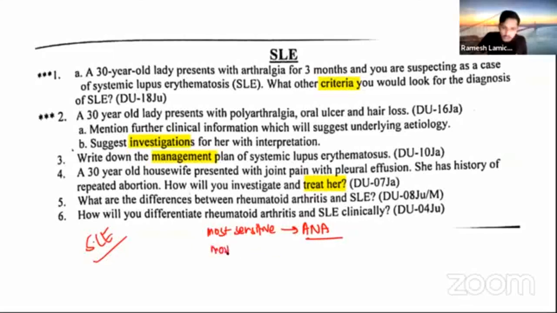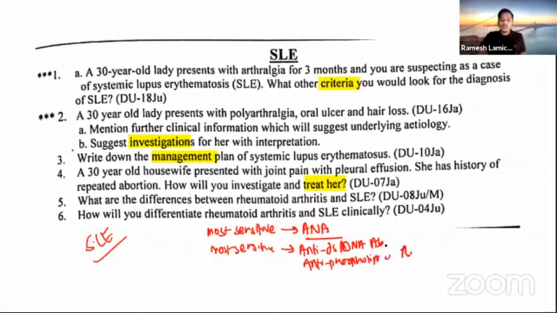The most specific ones are anti double stranded DNA antibodies and anti-phospholipid antibody.